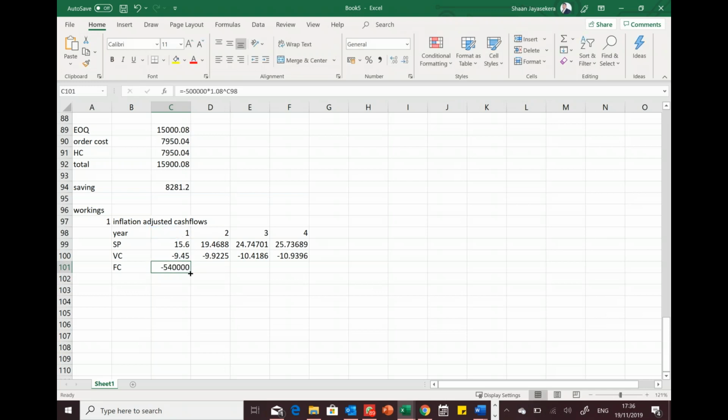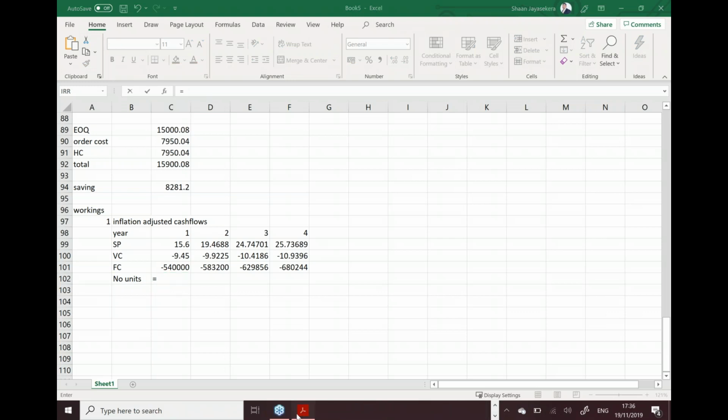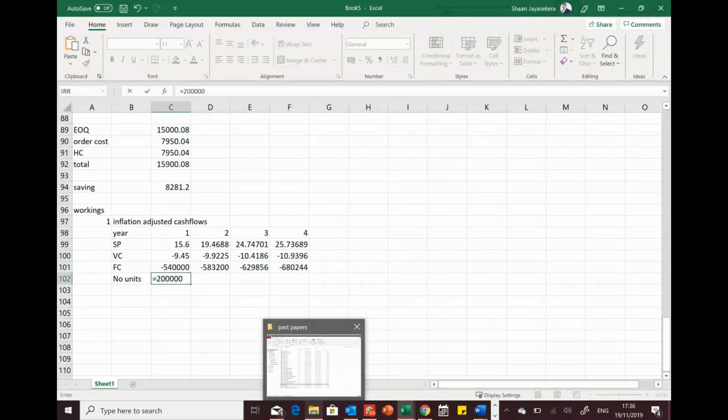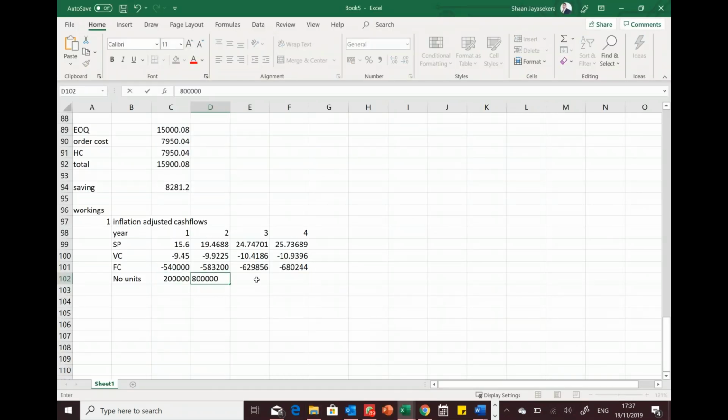So if I drag this across, to make matters easy, I will also take the number of units here, so that in my NPV calculation, I can just multiply those and take it. Then life is much easier. So that's 200,000, 800,000, 900,000, and 400,000.